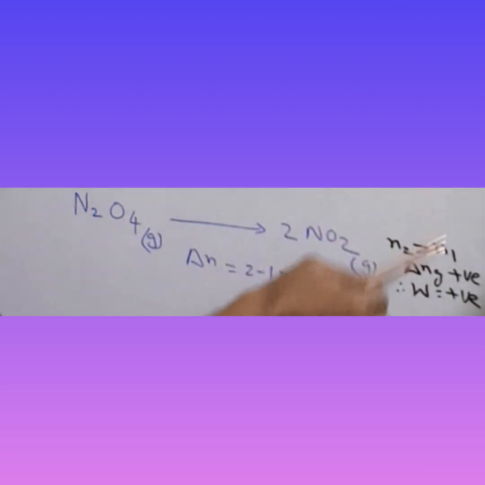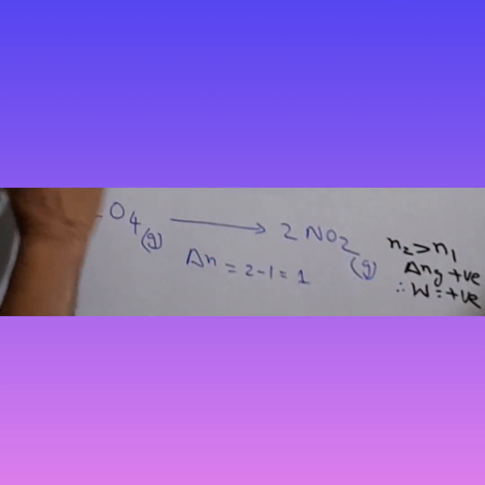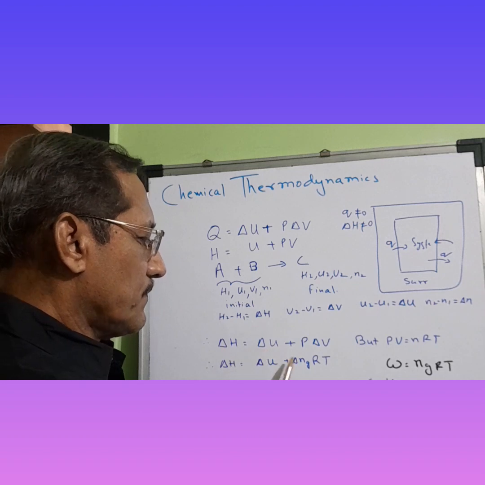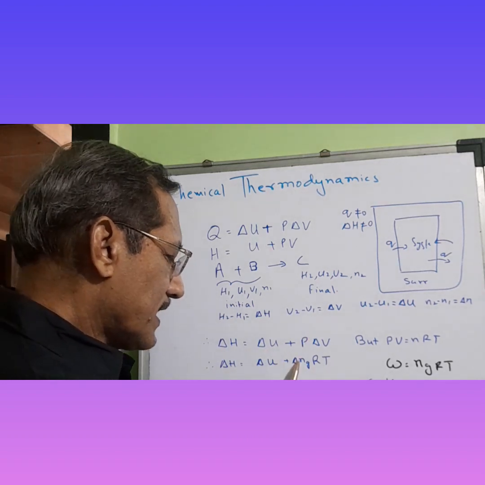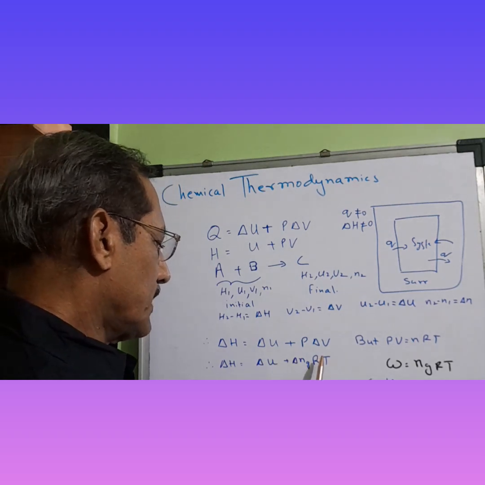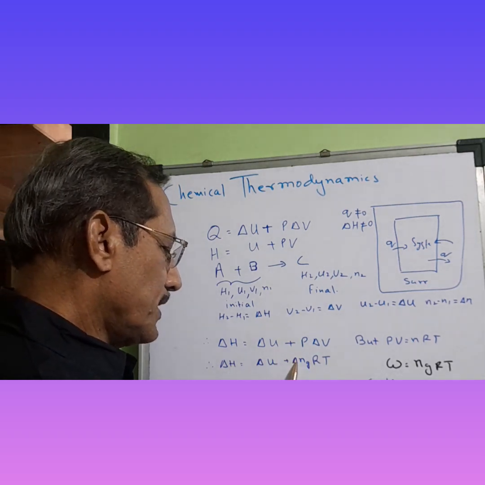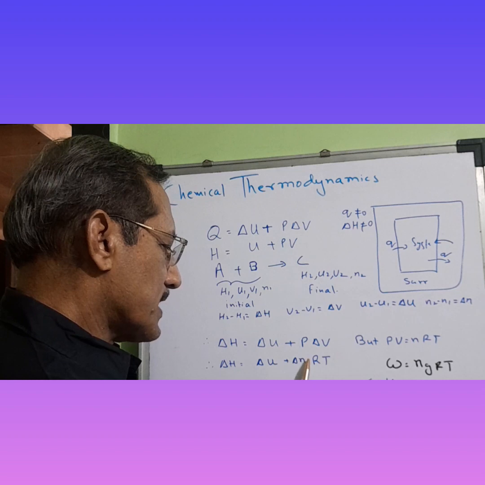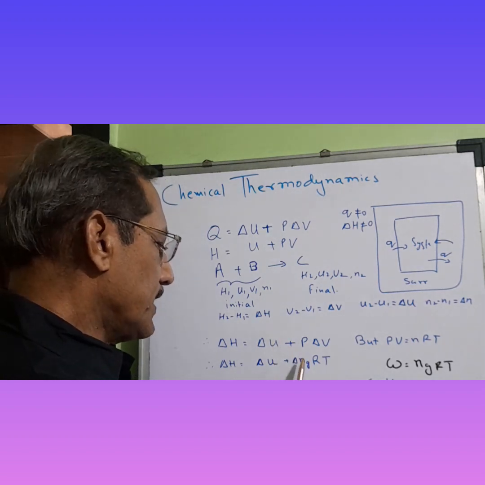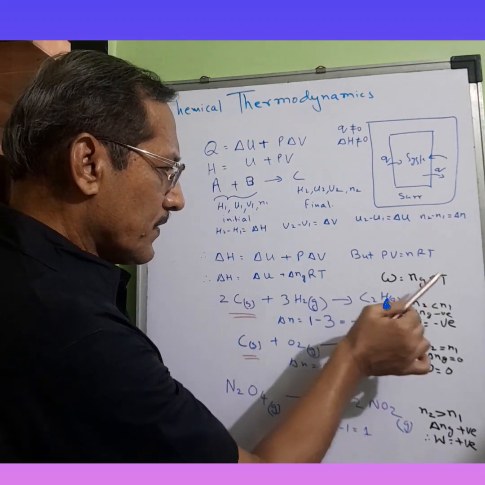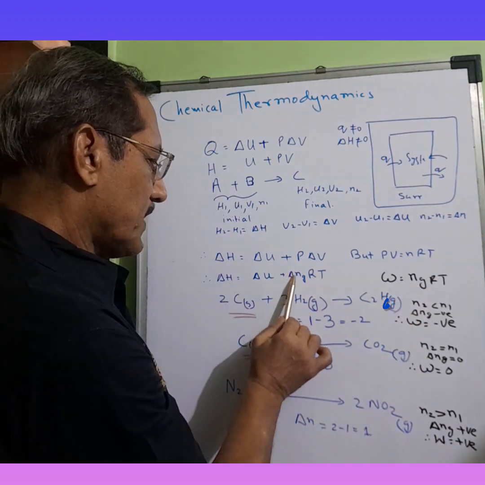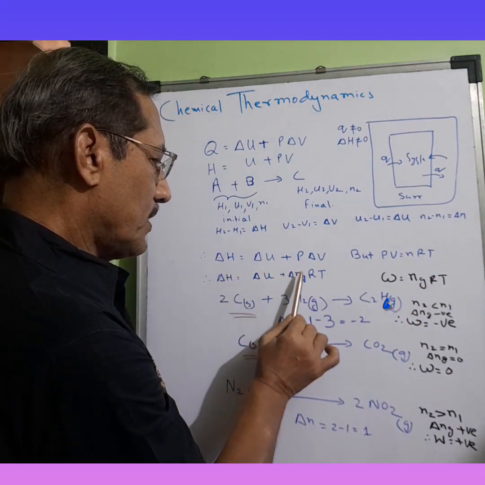Now how does it make a difference in del H? Obviously when it is positive, this is added to del U. When it is negative, this is subtracted from del U. So enthalpy would be reduced when this value is negative, and enthalpy would increase if this value is positive. As we saw here, it is negative, so the enthalpy value would reduce.